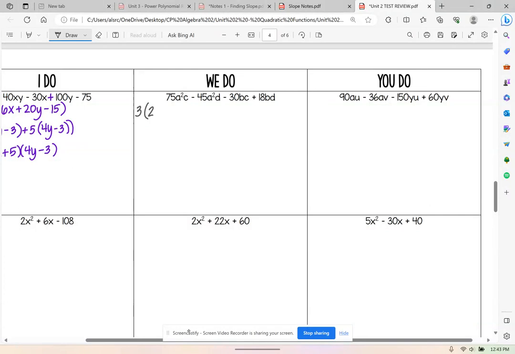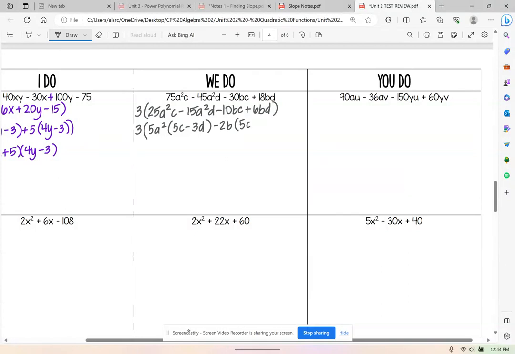Okay? So we have 25a squared c minus 15a squared d minus 10bc plus 6bd. 4 terms, yes? What do you do? Group. Bring down the 3. What's my GCF in my first group? 5a squared, and you're left with 5c minus 3d. 6bd divided by negative 3d is negative 2b.